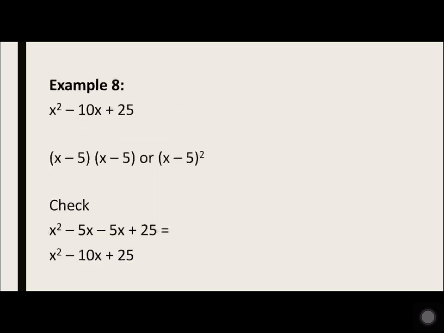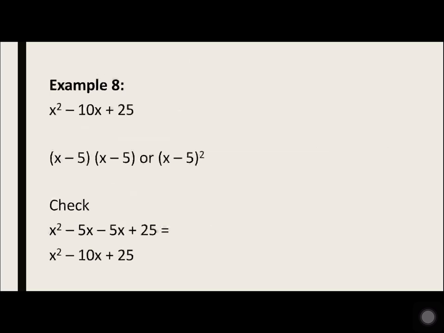Example 8, x squared minus 10x plus 25. X squared is x times x. 25 is 5 times 5. We need minus, so that negative 5 times negative 5 equals positive 25, and we get a negative for our O and our I. FOIL, x times x, x squared.